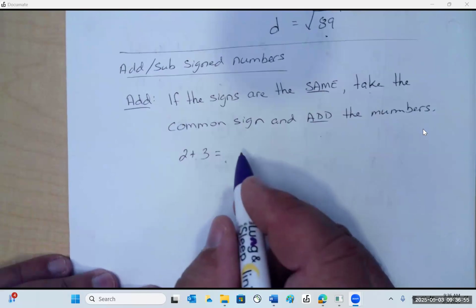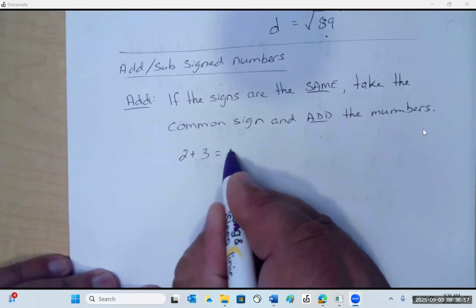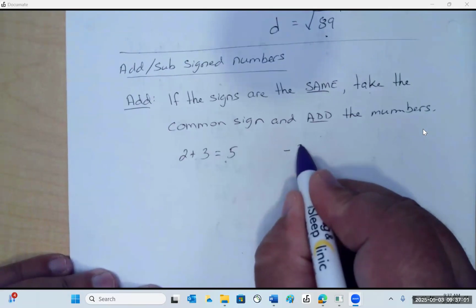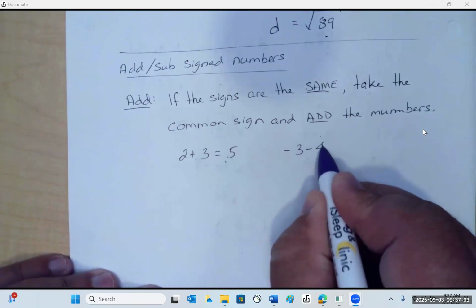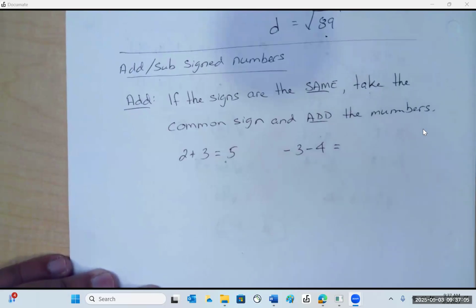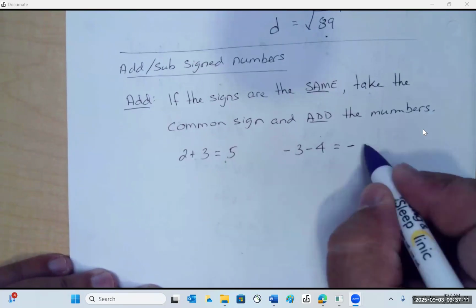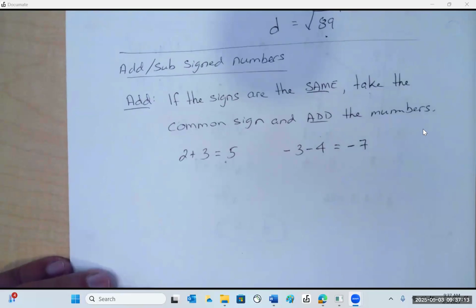Positive or negative? 2 plus 3 is 5. Negative 3 minus 4. What are their signs? They're both negative, so the answer is negative. 3 plus 4 is 7. If the signs are the same, take the common sign and add the two numbers.